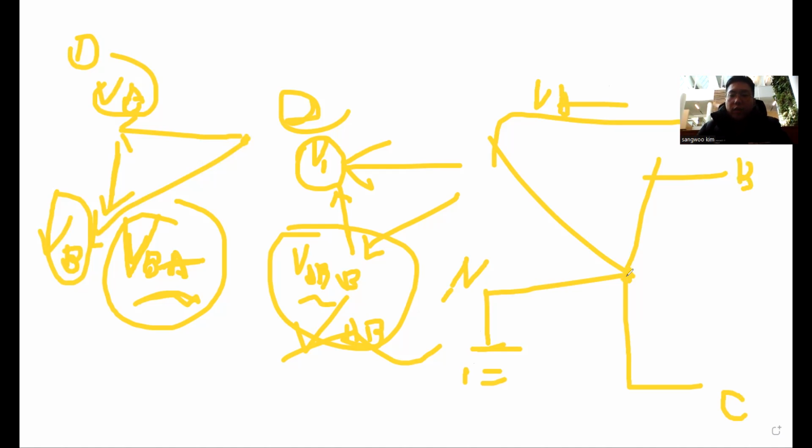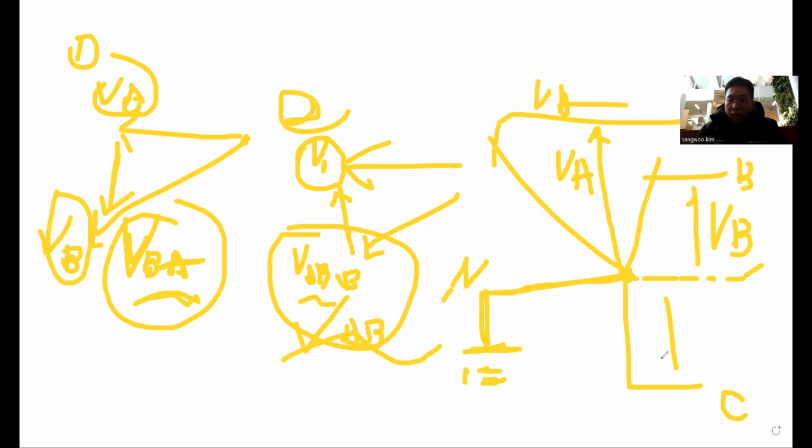For example, this is the 0 point, the neutral. As I said, we need the reference point, right? The 0 potential point. So between here, this is phase.